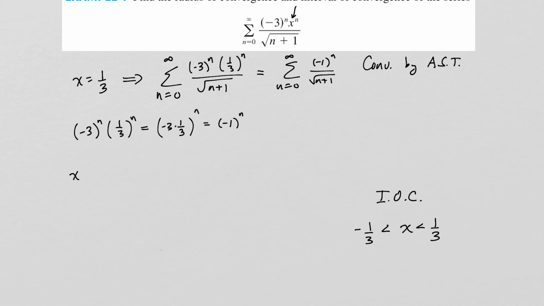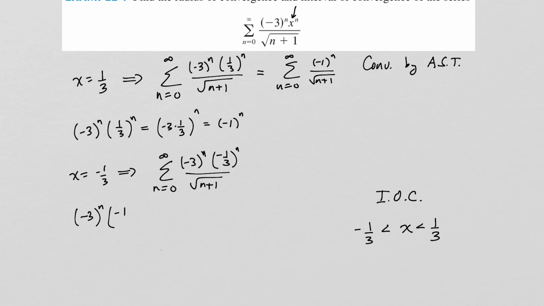What about when x equals -1/3? Well, again, we plug -1/3 in for x here, and that is going to give us the sum n equals 0 to infinity, -3 to the n times -1/3 to the n, divided by the square root of n plus 1, and -3 to the n times -1/3 to the n can be combined as -3 times -1/3 to the n, and this is, of course, 1 to the n, and 1 to the n is 1.